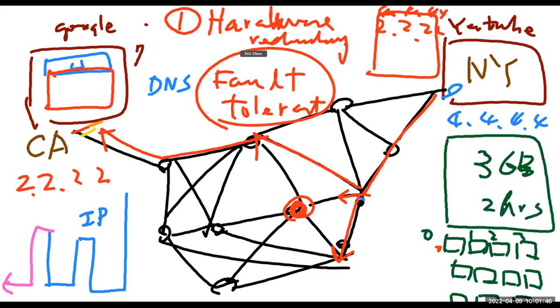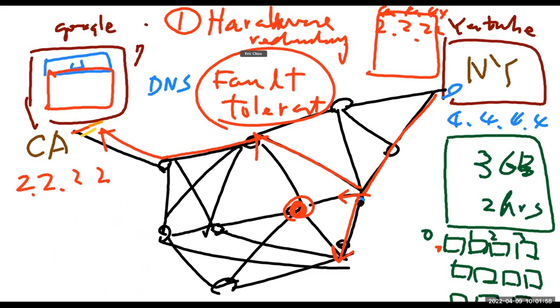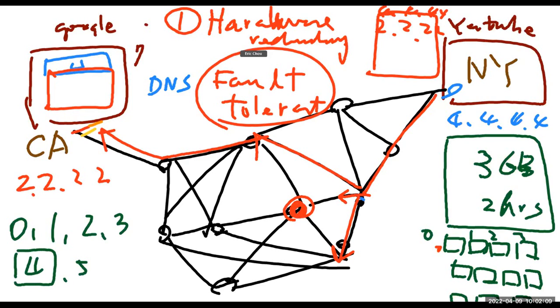Software redundancy means that my browser keeps waiting for certain packages. Let's assume packages 1, 2, 3 arrive, number 4 arrives, number 5 arrived already. So basically I have a buffer at my destination with packages 1, 2, 3, and then number 4 is missing, and I have 5, 6. I have been waiting for 3 minutes and I still don't see number 4 coming. It's already too long.